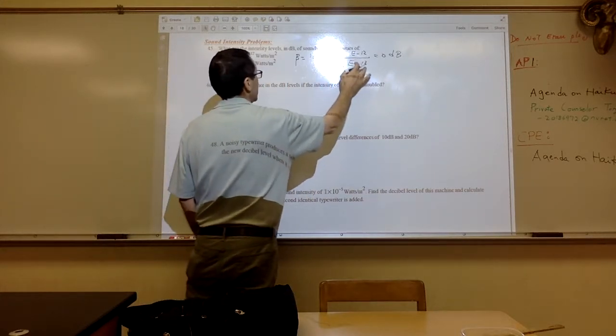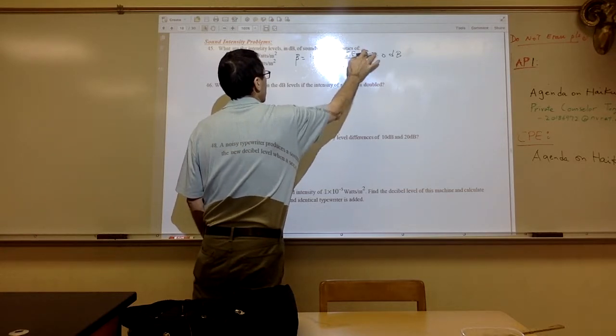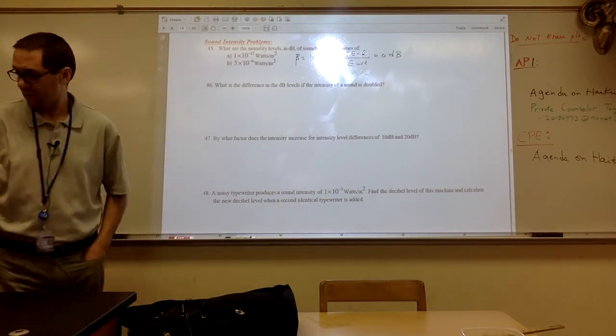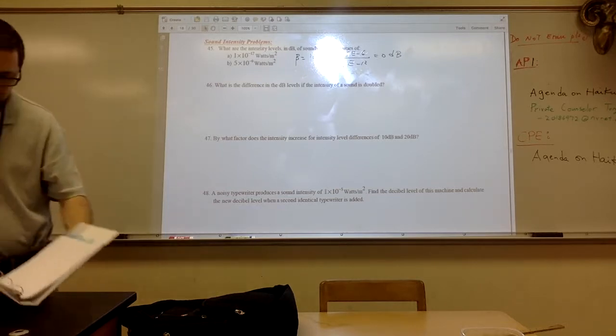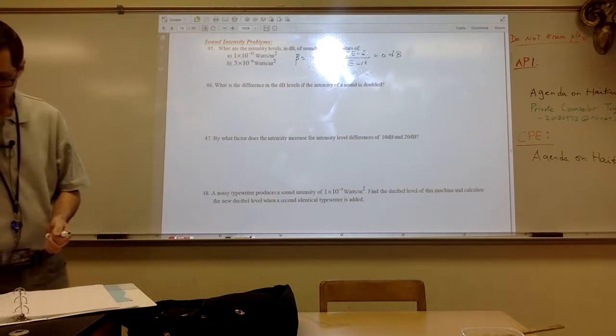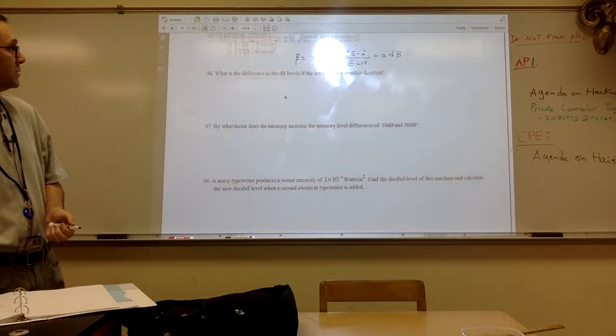The denominator stays constant, the numerator is 5 times 10 to the negative 6, and you can solve that equation. For that one, it should be 67 decibels.